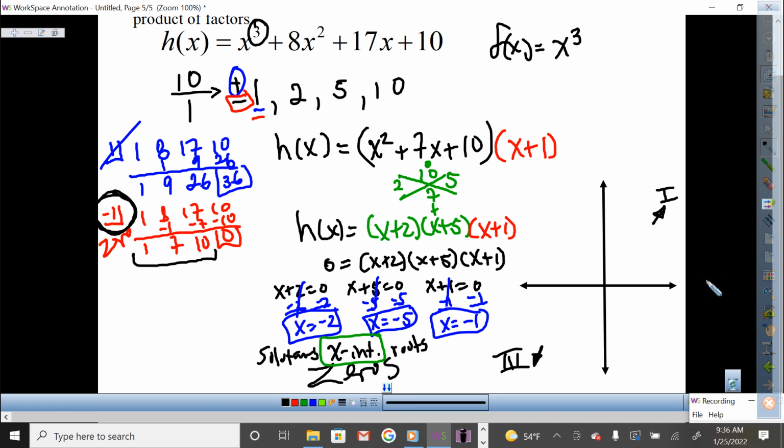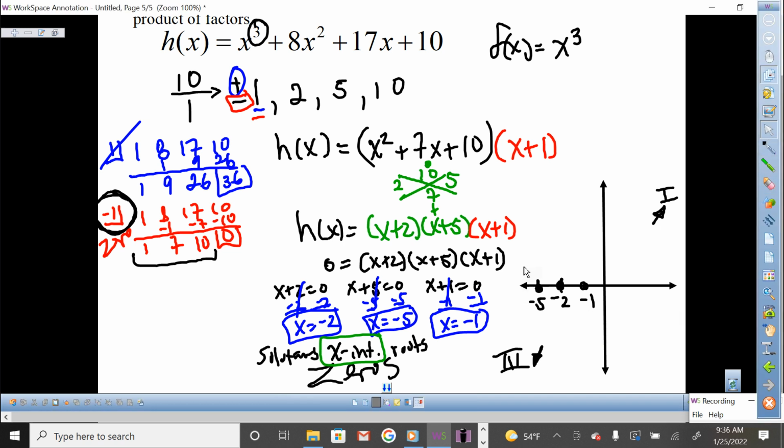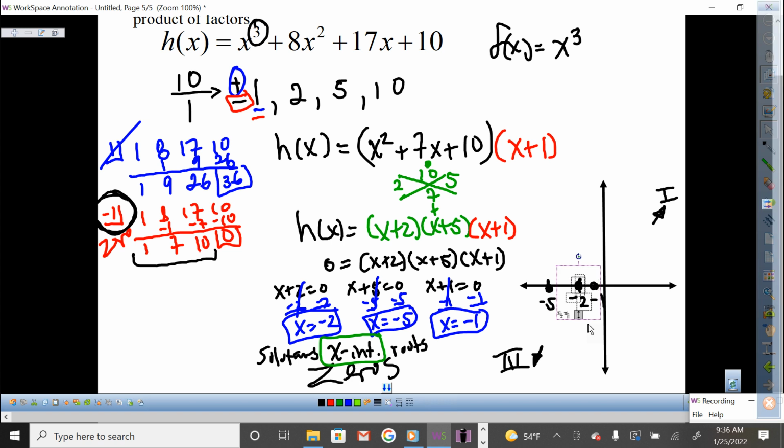Okay. So now all we need is in-between stuff, yes? So let's plot our x-intercepts. X equals negative 2 is about right there. What else? X equals negative 5, which is over here. And x equals negative 1, which is about right there. Let me move these over a little bit. Something like that?